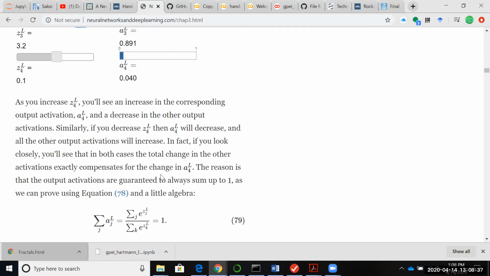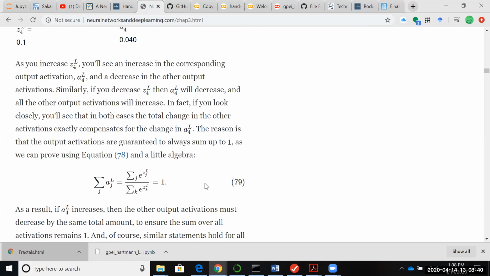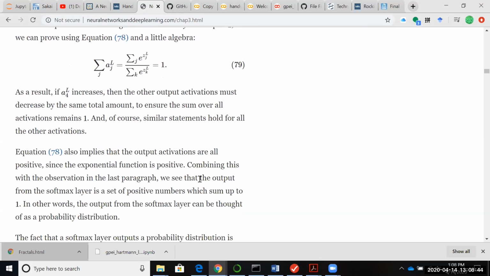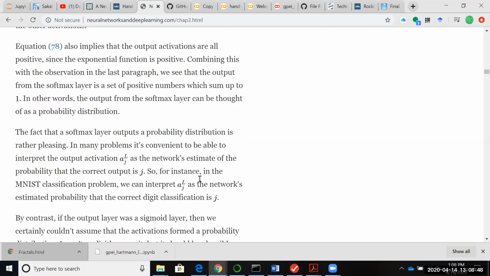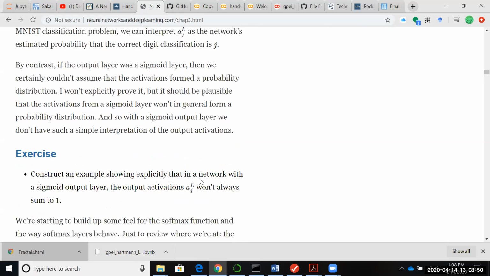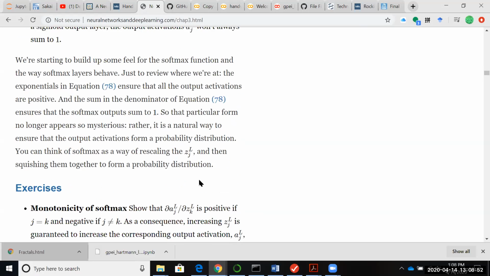So softmax and the cross entropy definition of loss, those things together are what is commonly used for predicting probability outcomes, a classification.